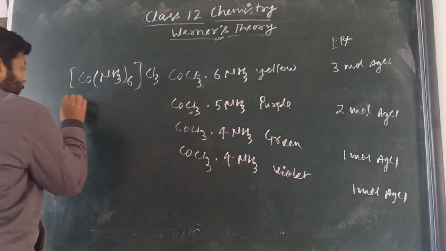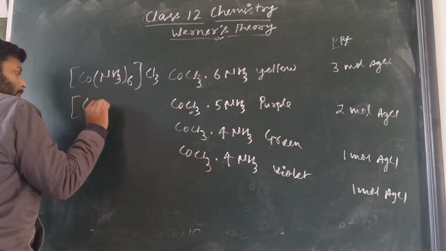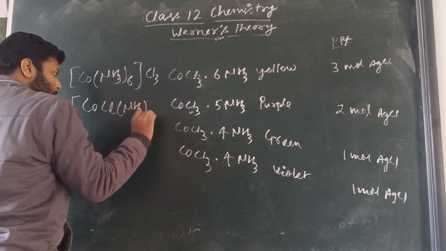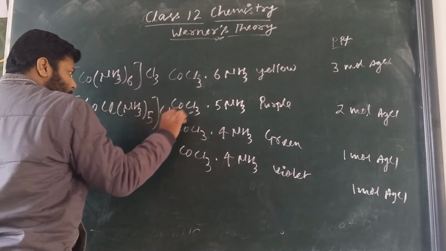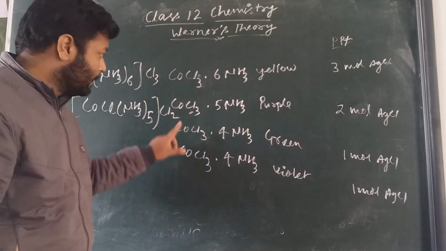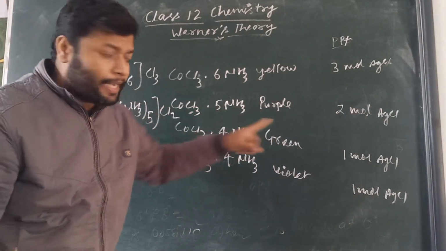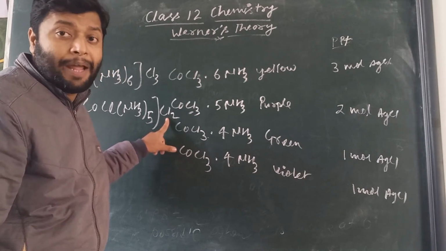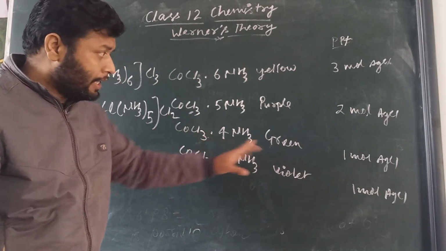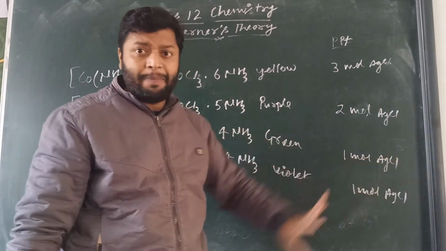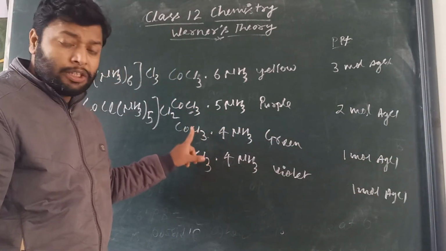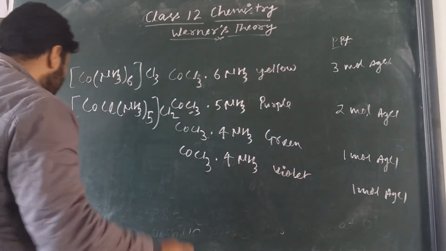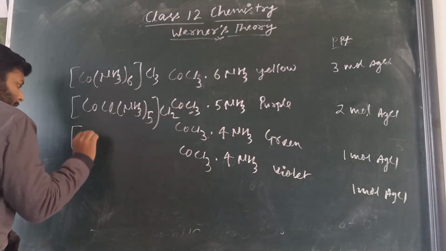So the formula will look like this. The 2 AgCl precipitate indicates that only 2 Cl are ionizable, or primary valence. Here, 1 mole AgCl precipitated, indicating that out of 3 Cl only 1 Cl is ionizable. So the formula will look like this.